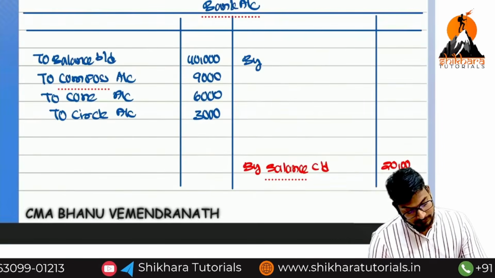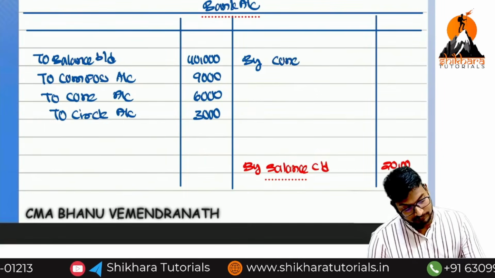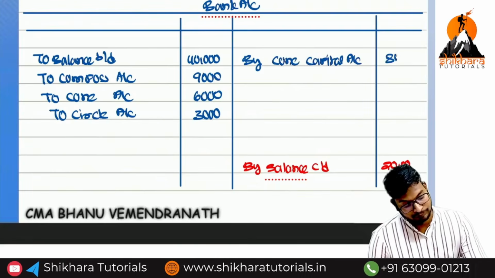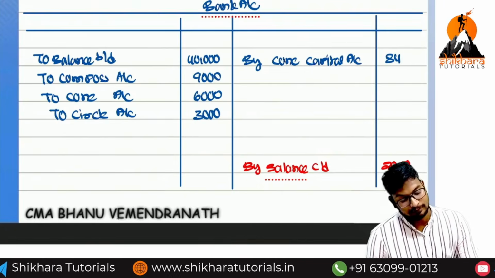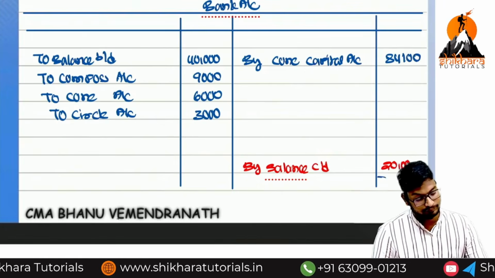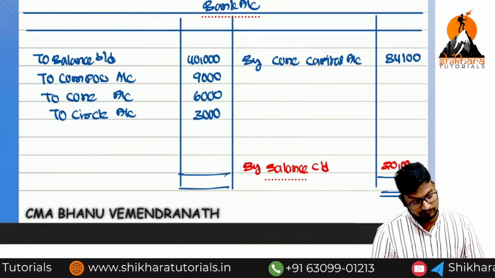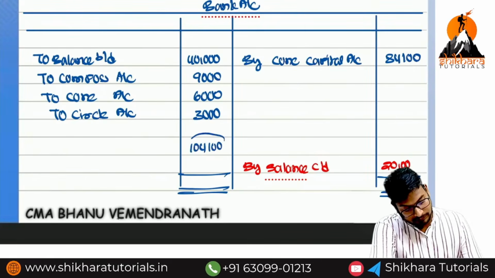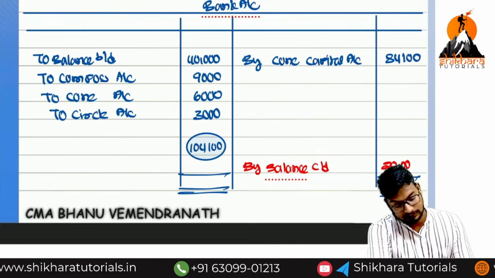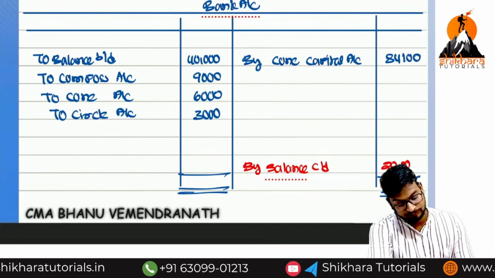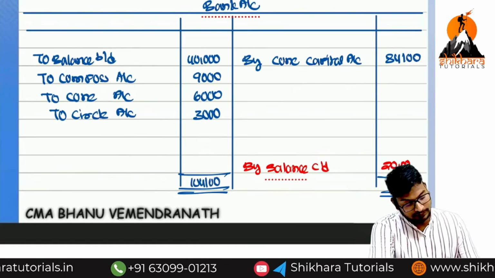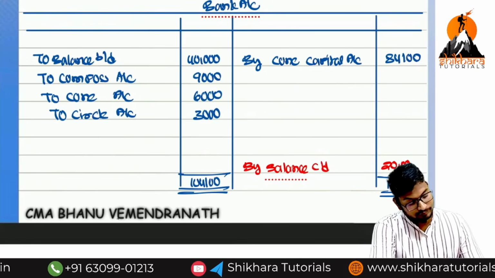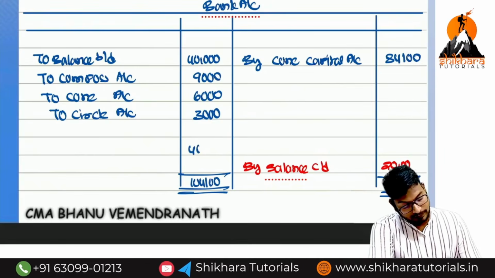By cone capital account, how much? 84,000. What is the balancing figure? 1 lakh, that is 1,04,100. 46,100.